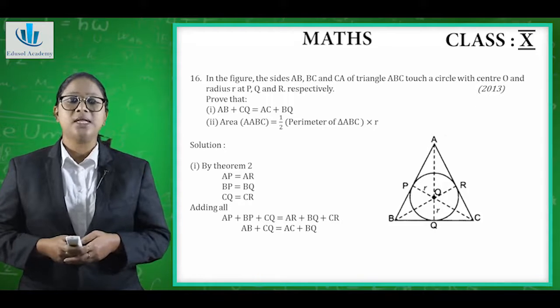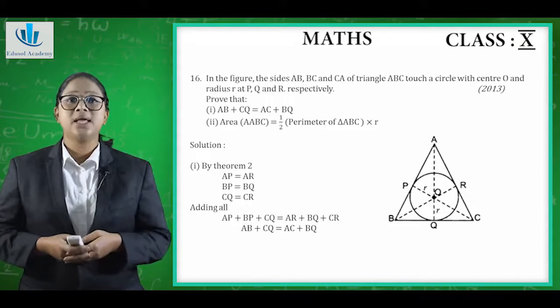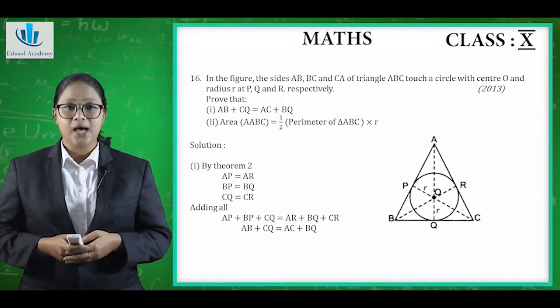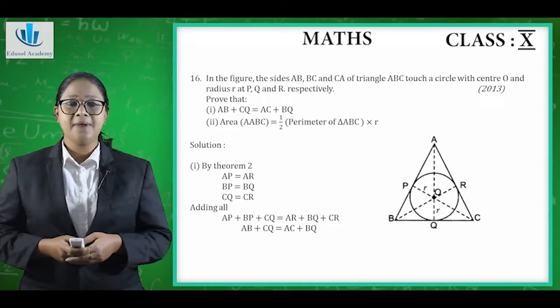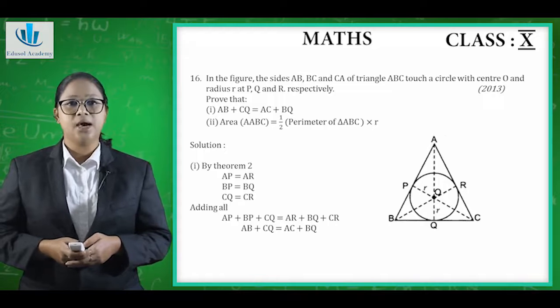To begin with, list all the pairs of equal tangents using theorem 2. So that goes like this: AP is equal to AR, that's the first pair. The second pair will be BP equal to BQ. Then the third pair will be CQ is equal to CR.